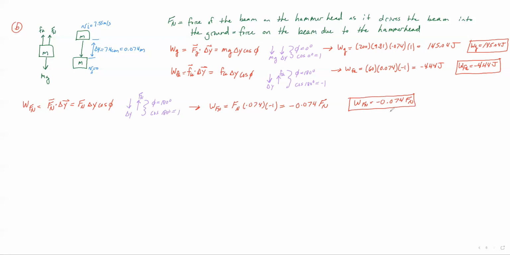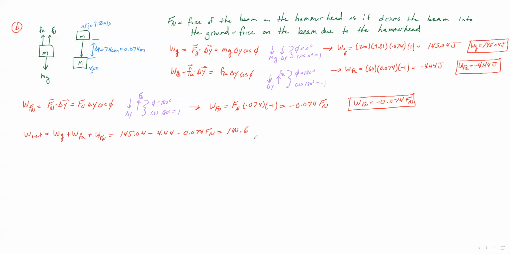So now what I want to do is get the total work, W net. W net is going to be the work due to gravity plus the work due to friction plus the work due to the normal force. So add them together. Well, I have 145.04 minus 4.44 minus 0.074 F_n, right? When I add that together, I basically get 140.6.